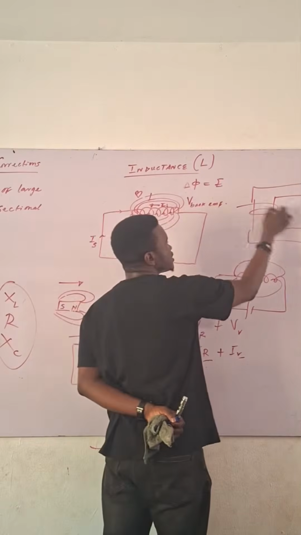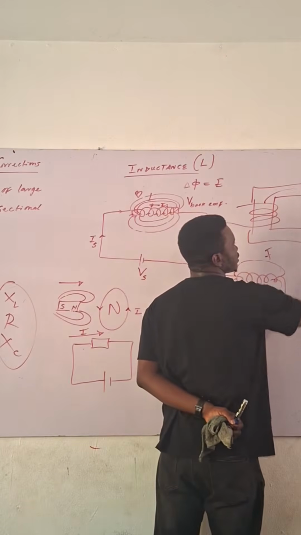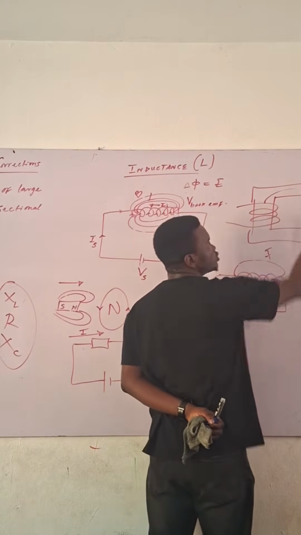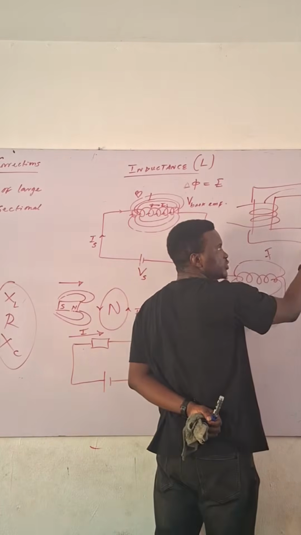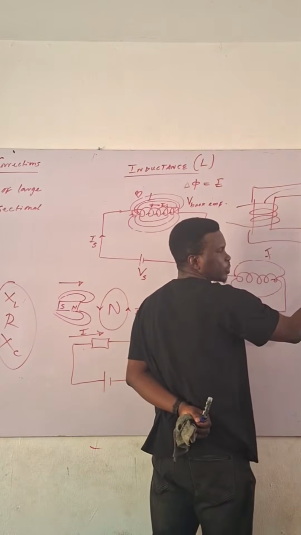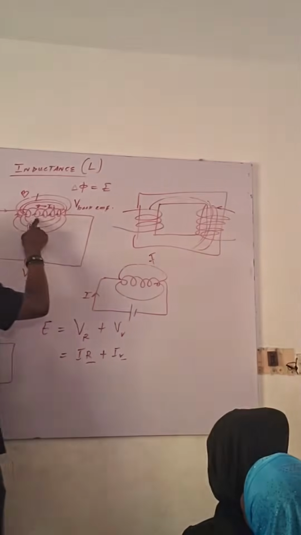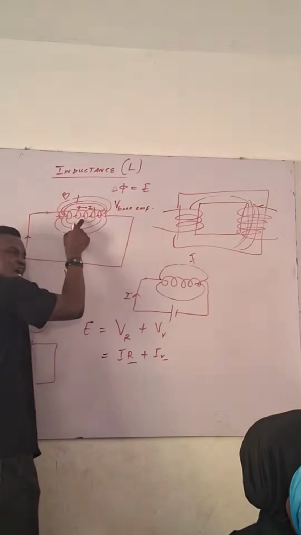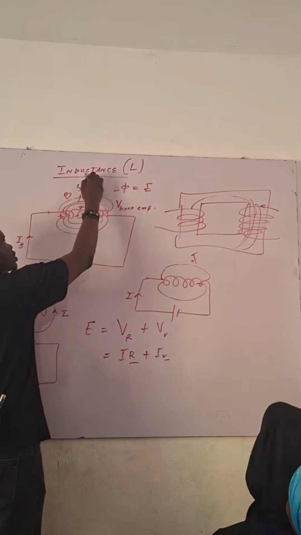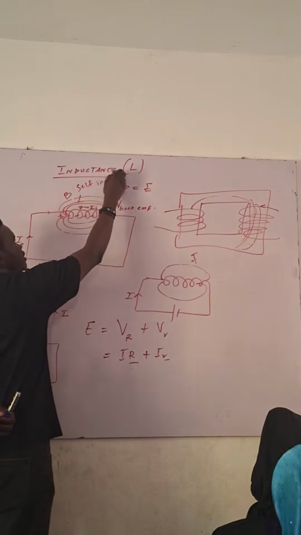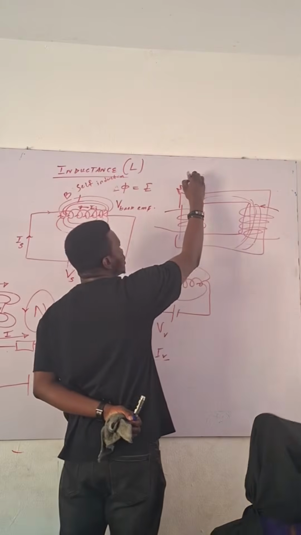What is happening in this coil is affecting what is here. There's a field flowing through this one too, and as a result of that field there will be current flowing too. But what brought about this field is the same coil. So if it happens in the same coil, we call it self-induction. If it happens as a result of another coil, we call it mutual inductance.